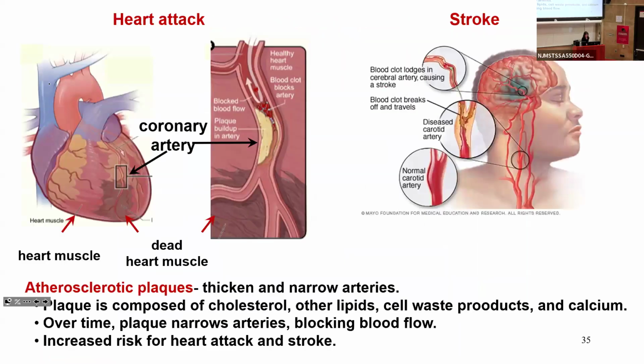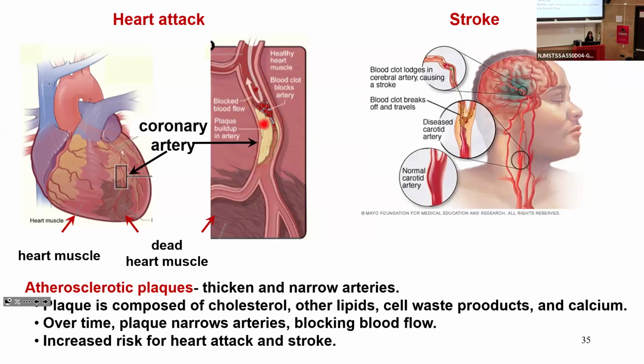But this is the clinical outcome: here is the heart, this is the left ventricle, and we close in on this particular region that's boxed here. In a healthy artery, blood will flow here. But if there is plaque buildup, and what's in the plaques?